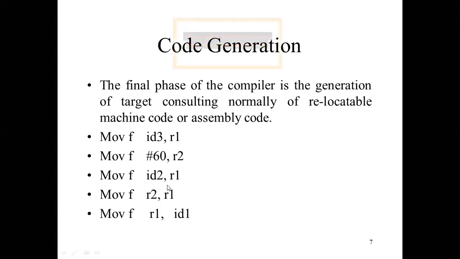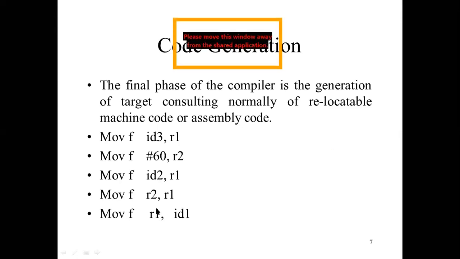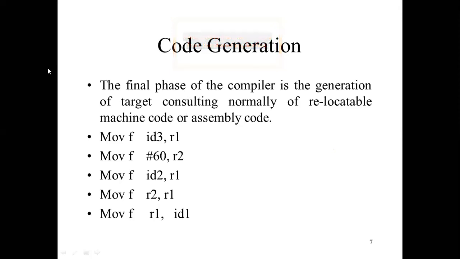Similarly, this identifier is going into the temporary register r1. So these are the assembly code instructions. These instructions are used for code generation, or we can apply the code optimization techniques.